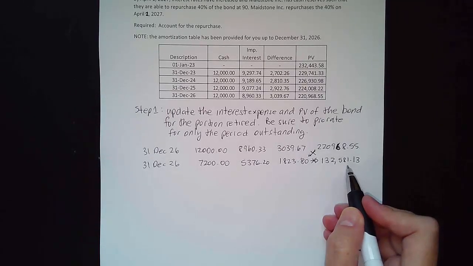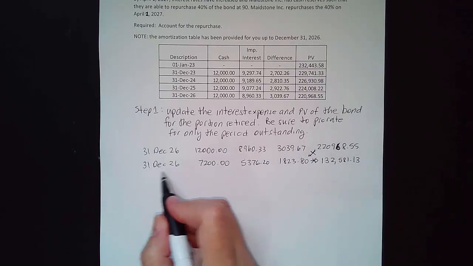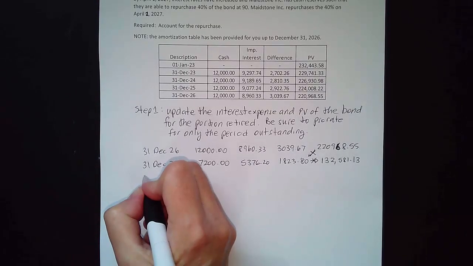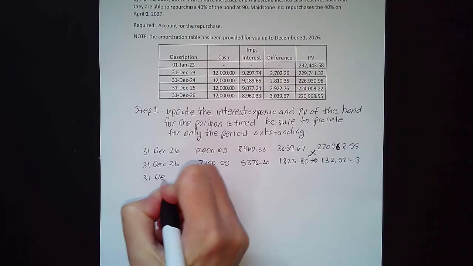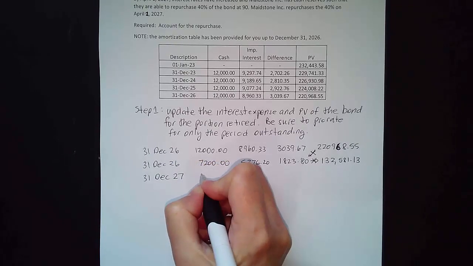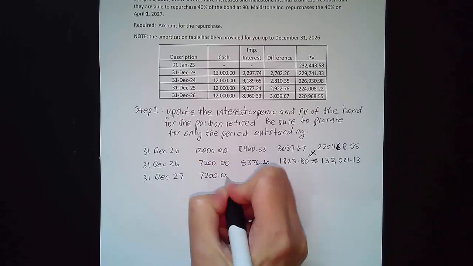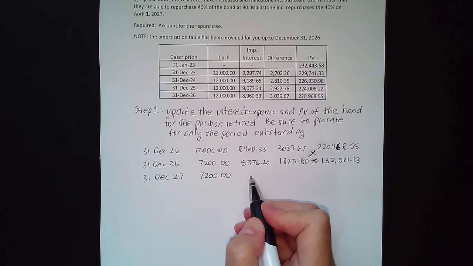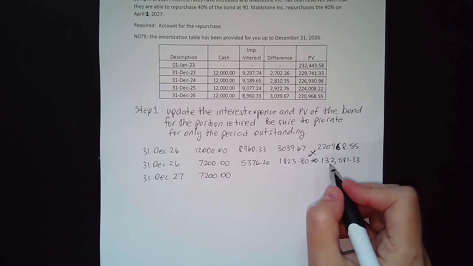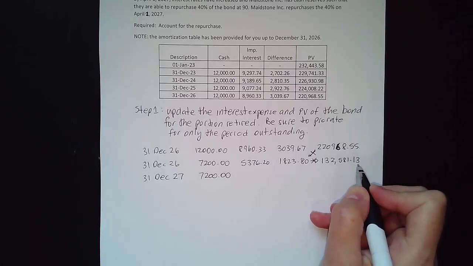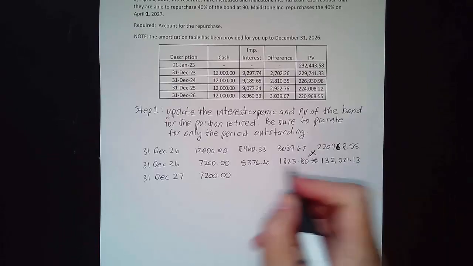So at December 31st, 2027, I'm going to use this information to calculate my next line. So if I move forward for December 31st, 2027, I'm going to use that 7,200. I'm also going to take this present value and multiply it by the market rate in order to calculate the implicit interest. That will be $132,581.13 multiplied by our market interest rate of 4%.